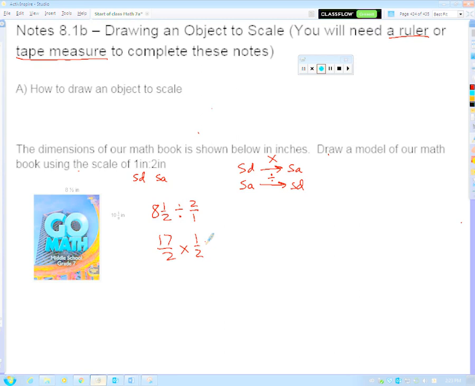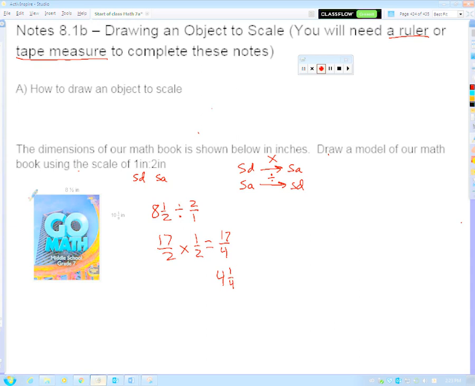Alright, now we're going to go ahead and multiply this. 17 times 1 is 17. 2 times 2 is 4. We get an improper fraction. Now we're going to convert this back into inches. So 17 over 4. 4 goes into 17 4 times, and we're left with 1/4. Okay, this is going to be the size on your ruler when you draw the math book.